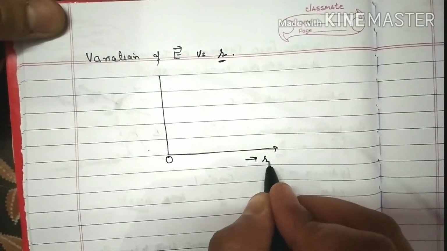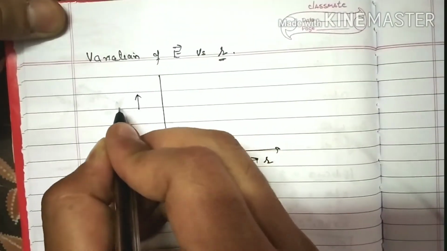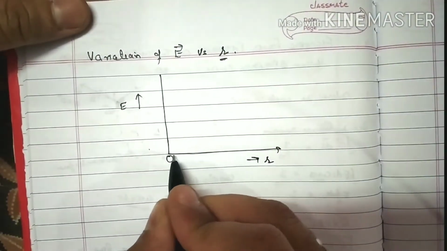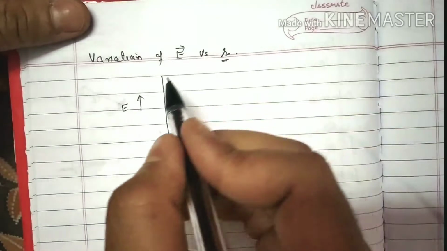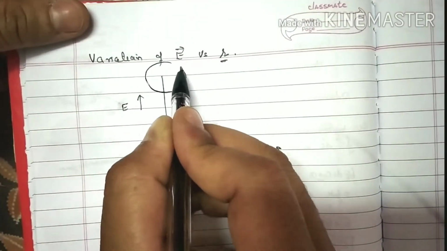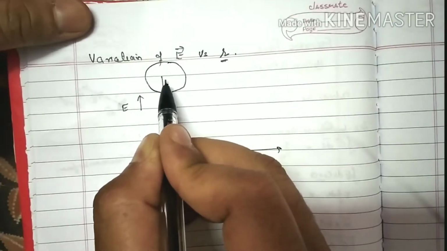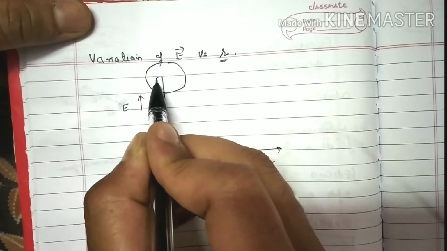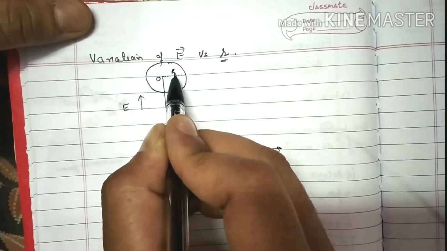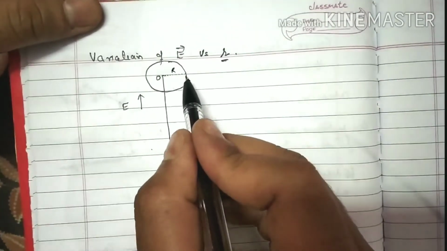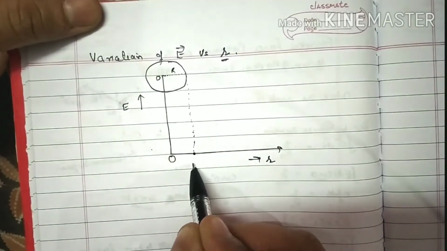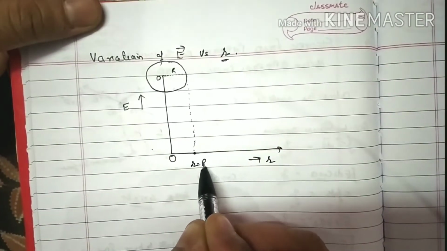Here we will take small r and here we will take electric field. Now as r increases, I am drawing the spherical shell here. This is the spherical shell, this is the center O, and this is the radius capital R. So up to this distance, r becomes capital R.